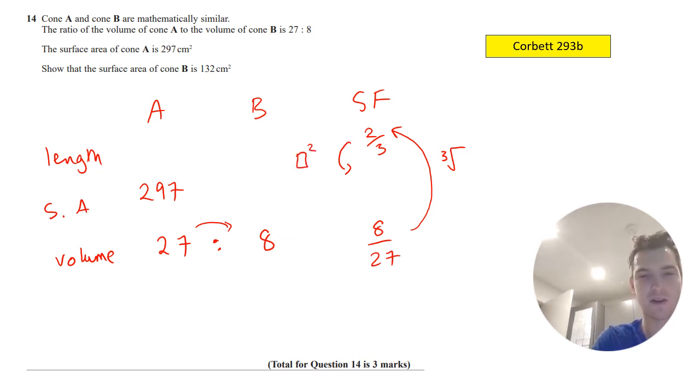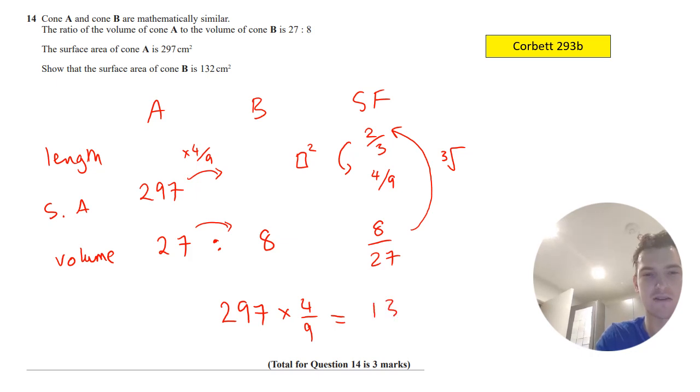So when I square that, I get 4/9. And now, to find out the surface area of B, you times that by the surface area of A. And when you put 297 times 4 ninths into your calculator, you do indeed get 132 centimeters squared, which is what we want. Okay, next question.